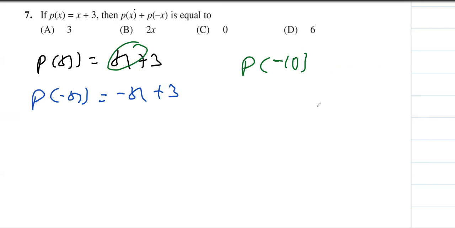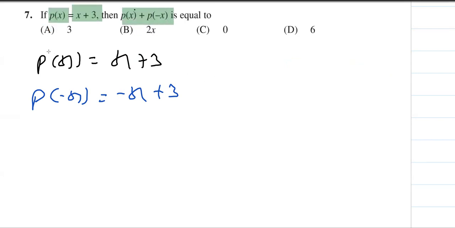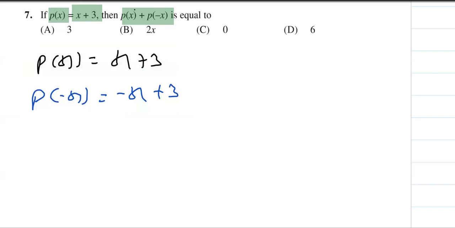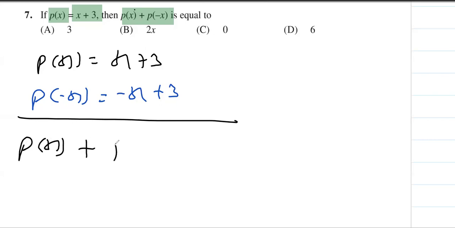So similarly, here we are given p(x) as this, and we have to get p(x) plus p(-x). So p(x) is this, and p(-x) is -x plus 3. Now we have to get the sum of these two. So if I add it, this is p(x) plus p(-x) on the left hand side.